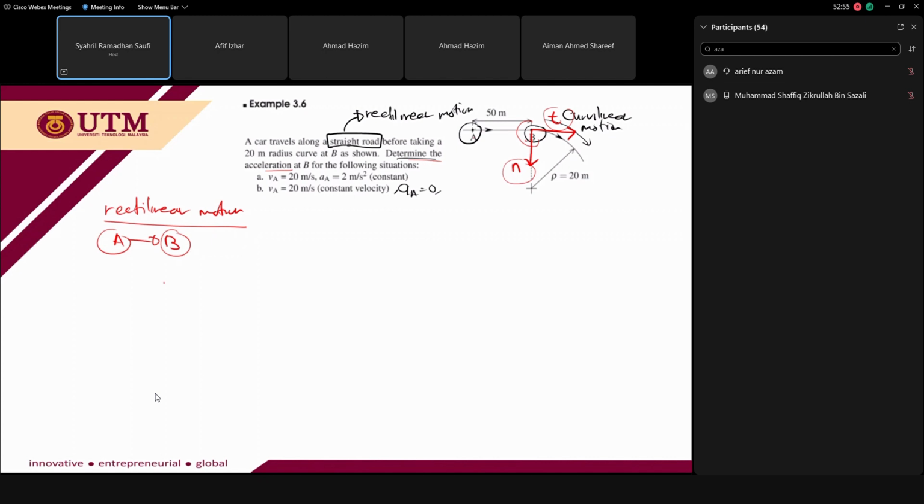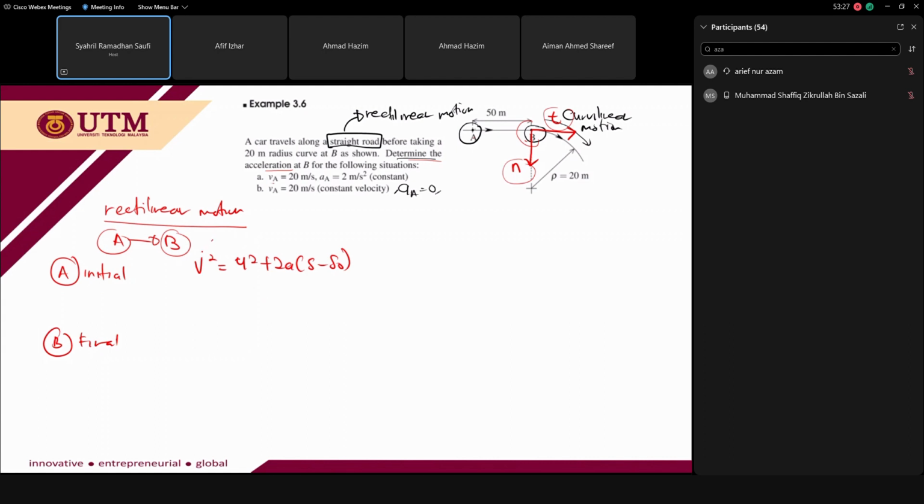You know the initial VA, which is 20 meters per second. Let's say I put point A as the initial and point B as the final position, because you have V squared is equal to U squared plus 2a(s minus s naught).